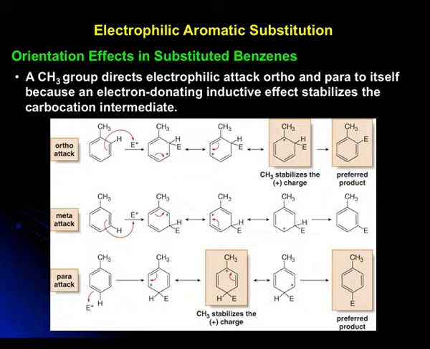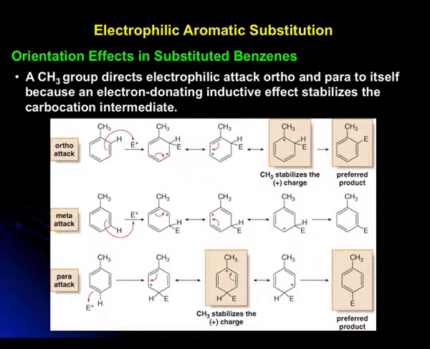So for example, if we start off with toluene, and we put the electrophile in the ortho position, that's stabilized because why? Why is it okay for the new substituent to go on carbon number 2?